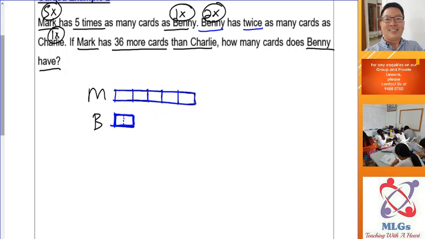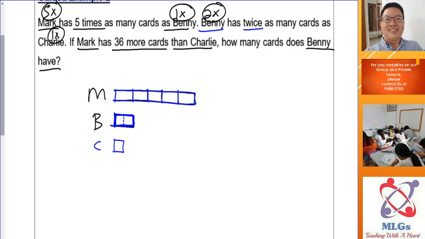You just cut it into 2 smaller boxes. And then Charlie will have 1 time, which is 1 small box. Got it? So once again, Benny has 2 small boxes and Charlie has 1 small box, which is 1 time. And continue to add on to your model.